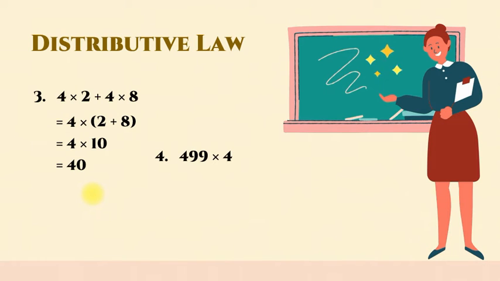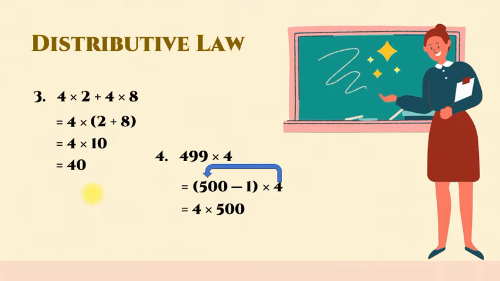Okay, another example: 4 times 499. It is easier for us to write it like this: 500 minus 1, because 500 minus 1 equals 499. So we times 4. How do we expand this bracket? First, you times 4 times 500. 4 times 500 equals, sorry, 2000.